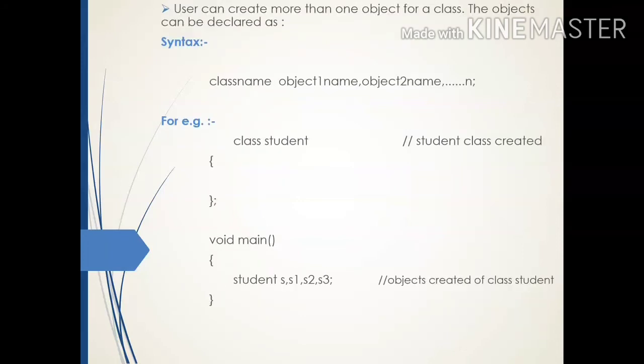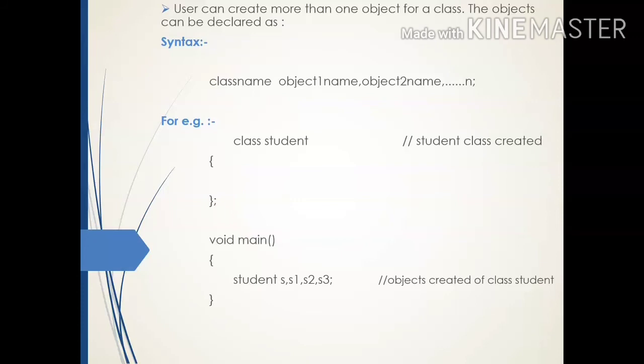User can create more than one object for a class. If user wants to declare more than one object of one class, then syntax is again class name space first object name comma second object name comma third object name and so on. You can create n number of objects for a single class and in last semicolon will come. See the example.